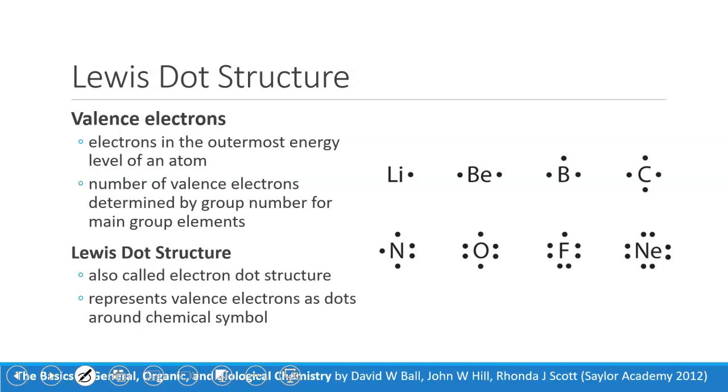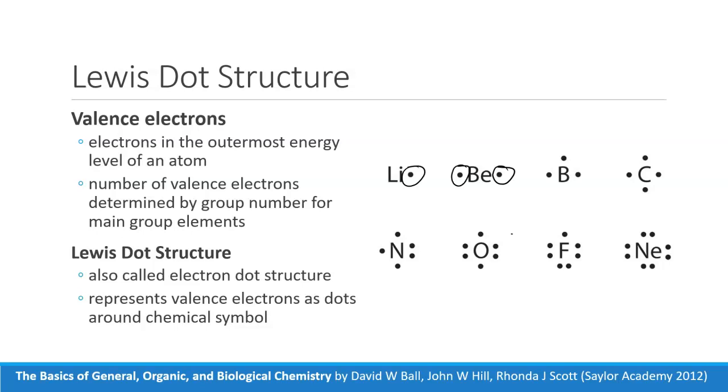Lithium, if you notice, we're starting by putting an electron on the right side. Now you could have chosen the top, bottom, or left, and it would have been okay. But once we select that right side, when we add the second electron for beryllium, which has 2, we continue to add the electron that's on the right, and the second electron we're going to put across on the left.